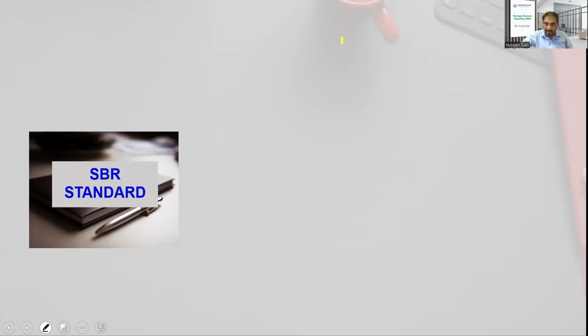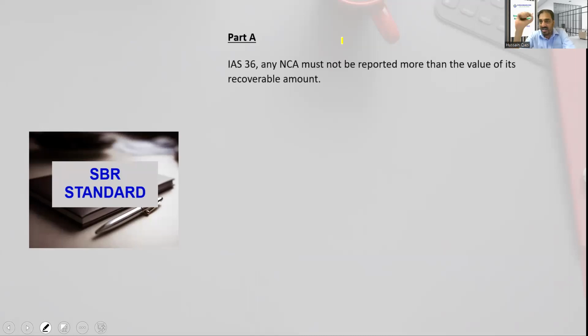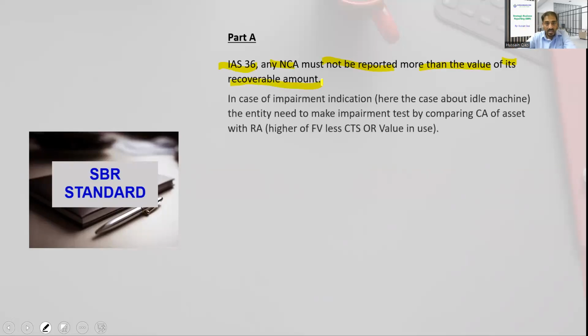If SBR working is done for part A, number 1, first of all, we have to mention IAS 36. Any non-current asset must not be reported at more than the value of its recoverable amount. That's the first point. And in case of impairment indication, here the case about the idle machine, the entity needs to make an impairment test by comparing carrying amount with recoverable amount, that is fair value less cost to sell or value in use.